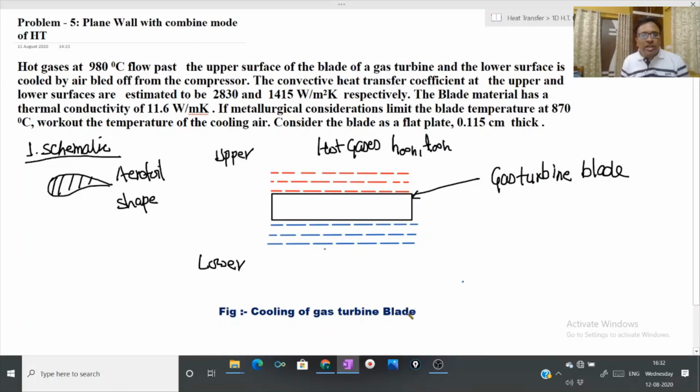On the lower side, the gas turbine blade is exposed to the cold air. It is represented by a cold air film in blue color, and let us assume that the convective heat transfer coefficient of cold air is h infinity L and the temperature is T infinity L. Let's say the thickness of this turbine blade is L and it has thermal conductivity k.